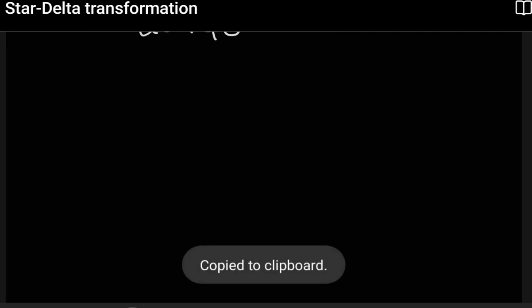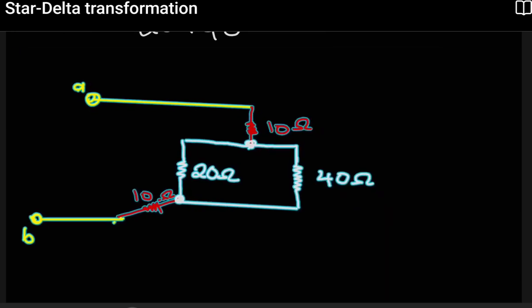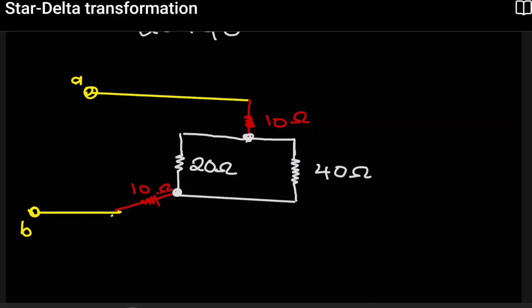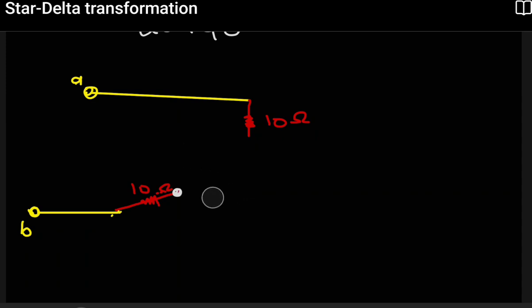So now we can redraw our circuit. Let's see what we get. If we redraw our circuit, now we're going to remove these two. In place of them, we're going to put something equivalent to them. So now we only have that 13.33 ohms.